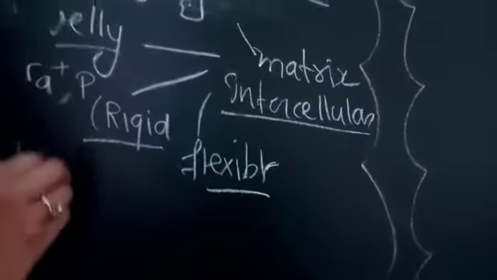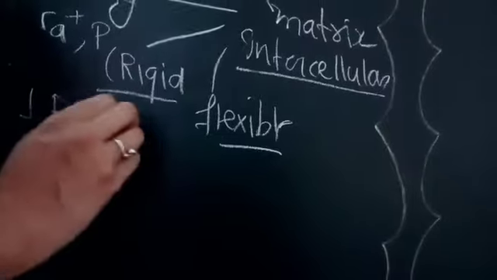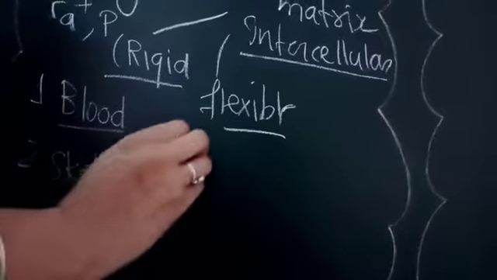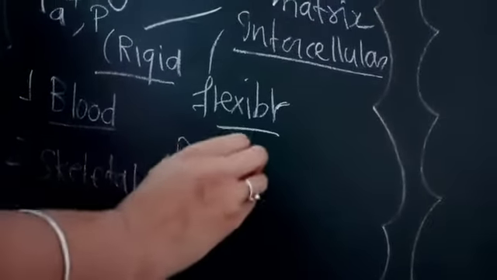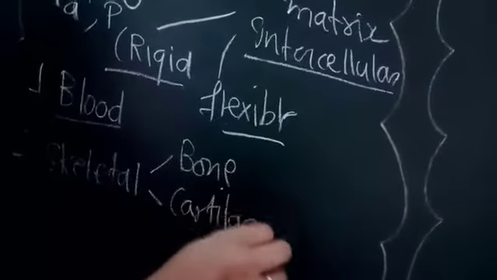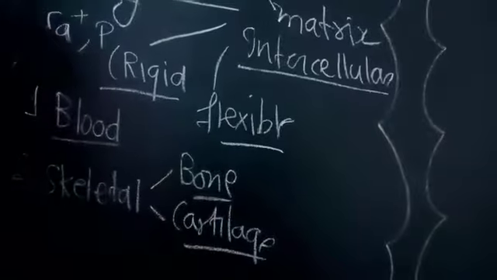Number one is blood. The most important connective tissue is blood. Number two is the skeletal tissue. Skeletal tissue consists of bone and a softer tissue called cartilage that also comes in this category.